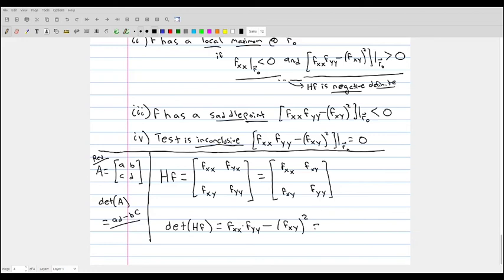So this is sometimes called D, or the discriminant of the function f at the point r0 if you evaluate it at a point r0. So what you're seeing is that the second derivative test depends exactly on this first entry right here, the sign of fxx at a point, and on the sign of the discriminant or the determinant of the Hessian matrix.